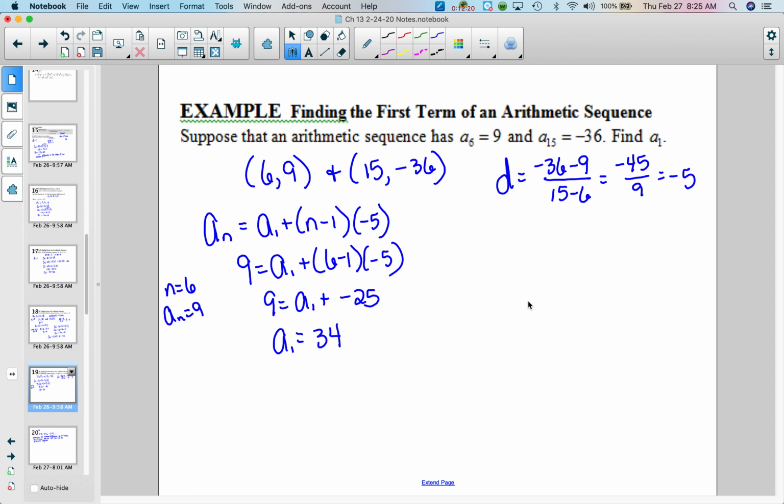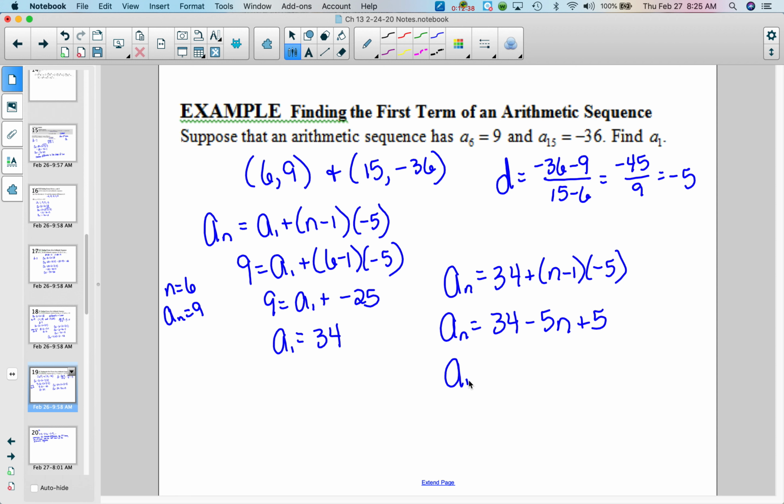So we've got that. So now I go back to my general formula for a sub n. We have 34 plus n minus 1 times negative 5. So a sub n equals 34 minus 5n plus 5, or negative 5n plus 39.